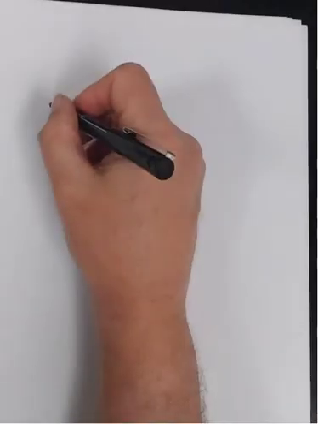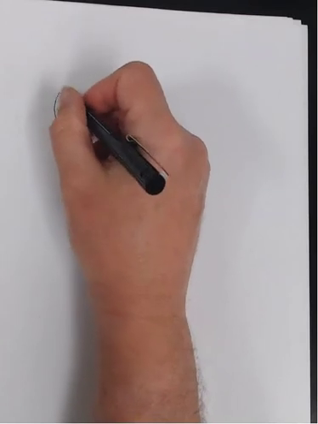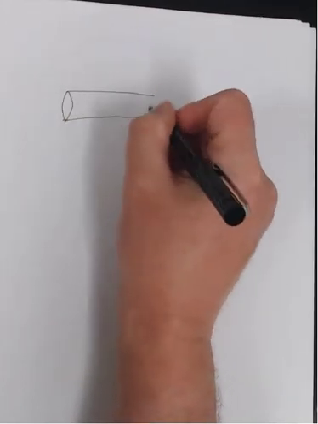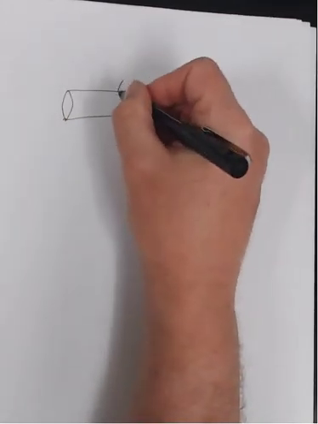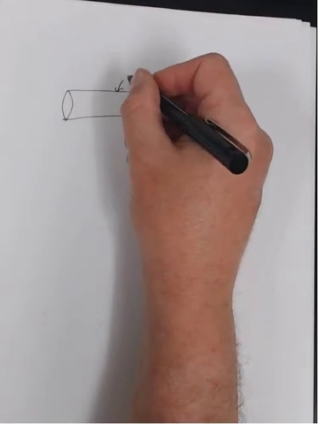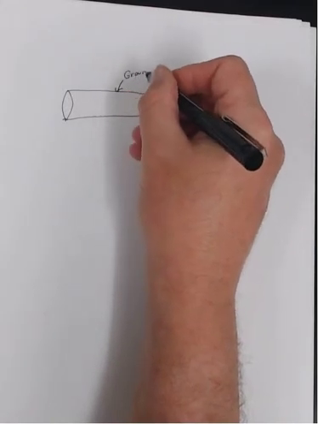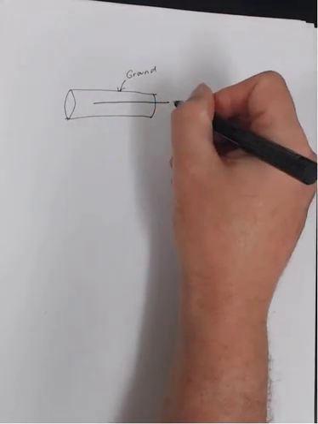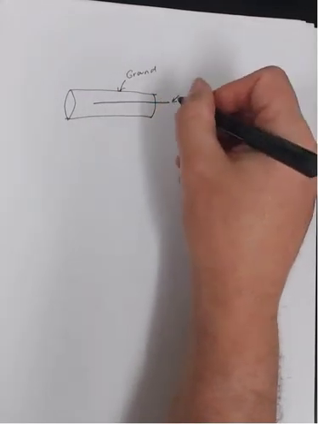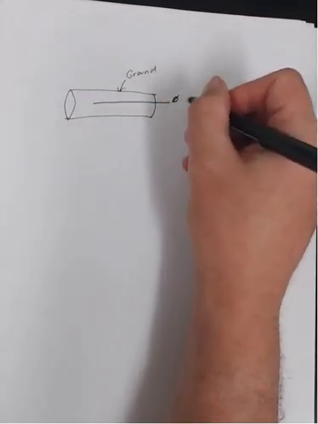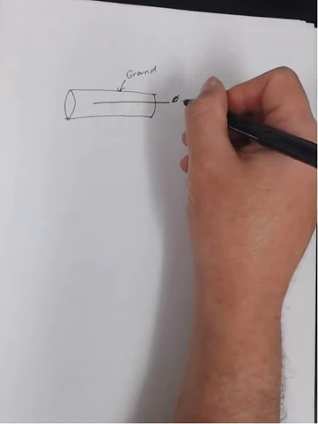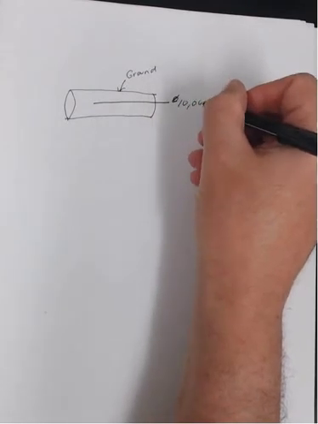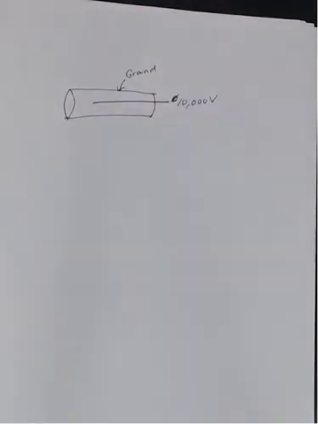What a Geiger tube really is, is a metal tube where the case is grounded, and then you have a wire going inside, and compared to the ground, it might be 10,000 volts.